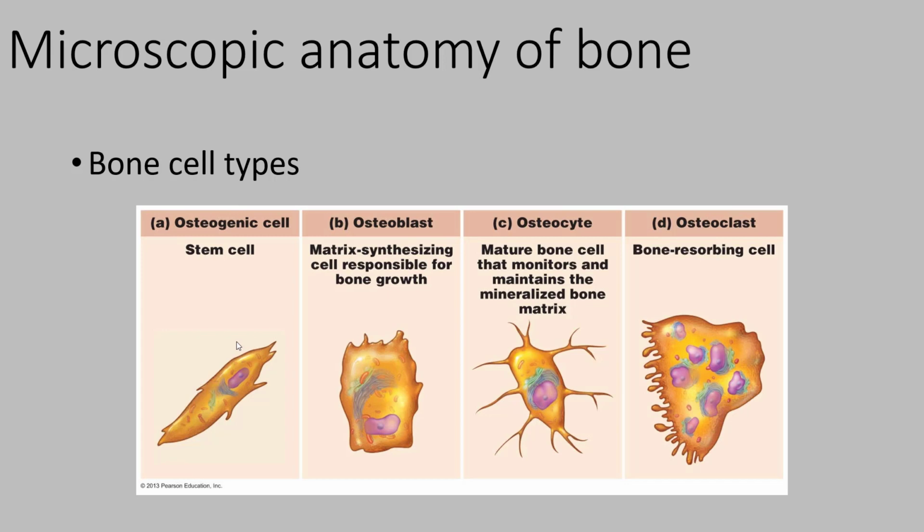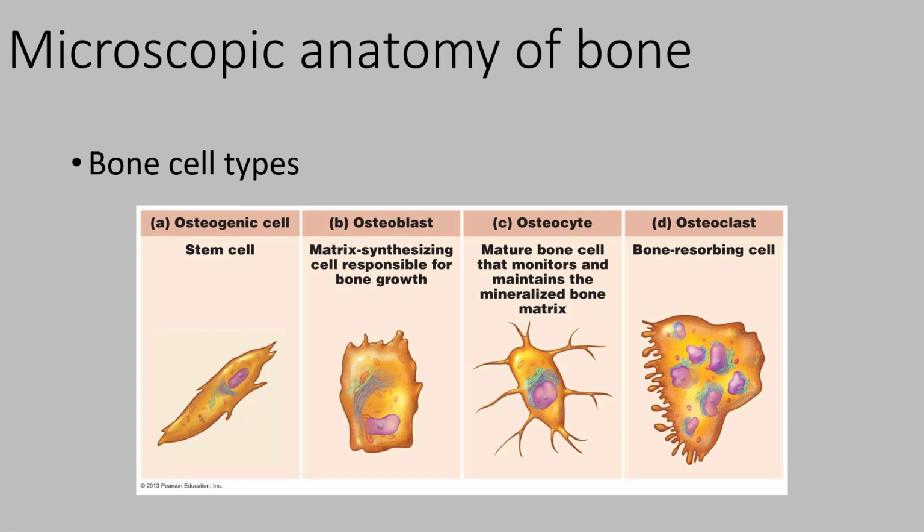What type? Well, when an osteogenic stem cell divides, one remains a stem cell, the other will either be something called an osteoblast or an osteoclast. First, let's look at an osteoblast. Remember what that root word means, blast? To give birth to, to build.